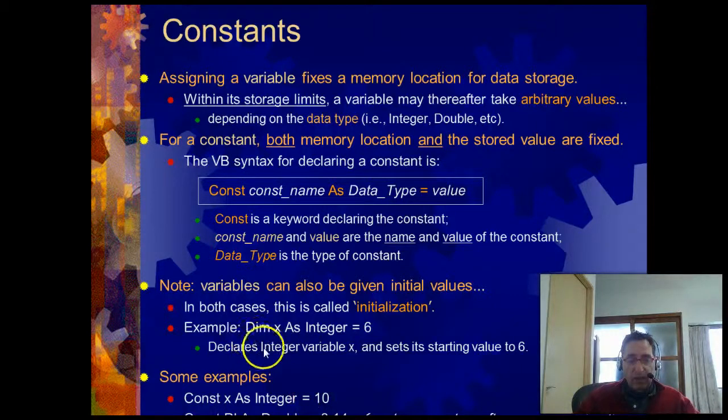So this declares an integer variable x and sets its starting value to 6. And this statement here and this statement here are both called initialization. So you're giving a value to the variable. Well, actually, this is giving a value to the constant.